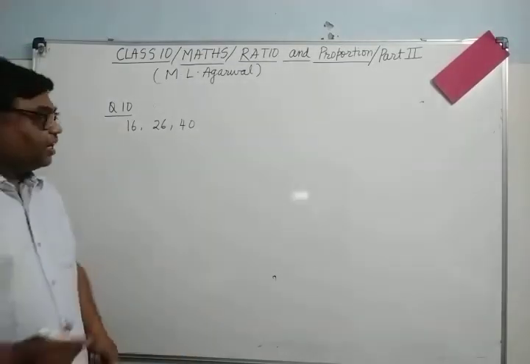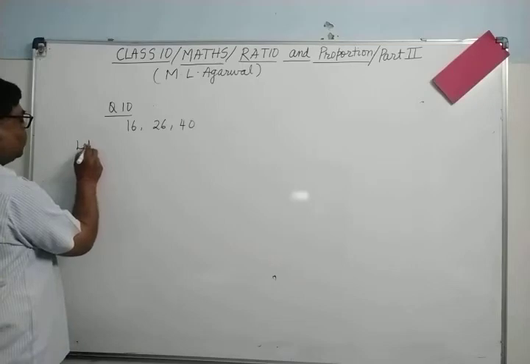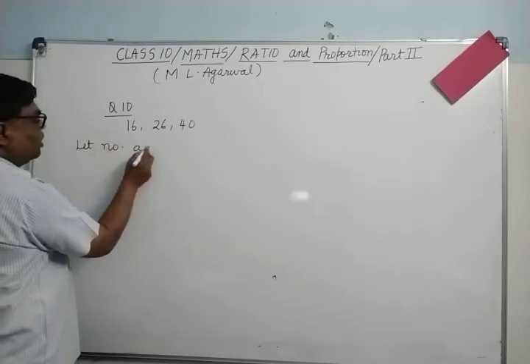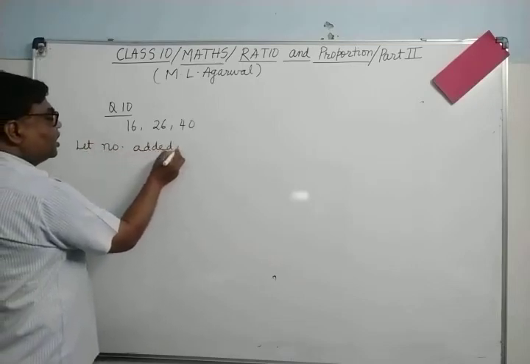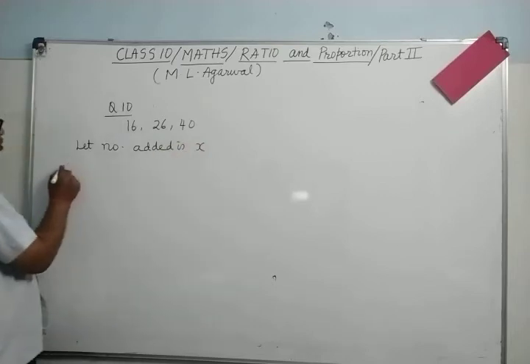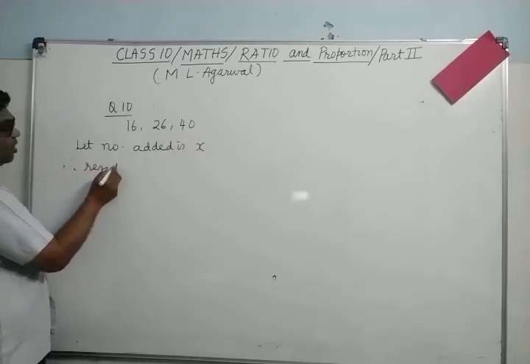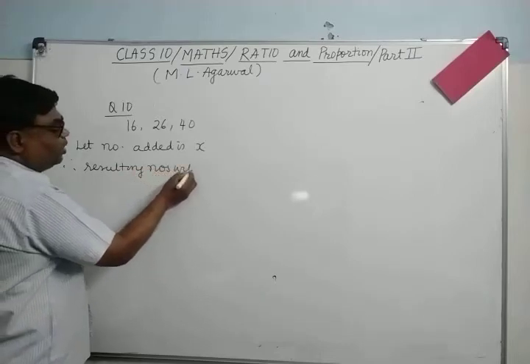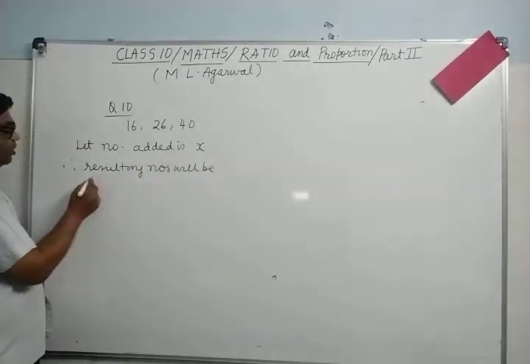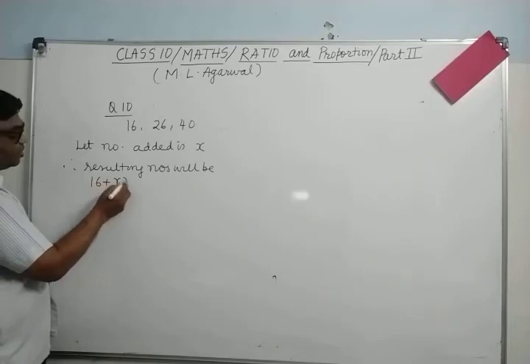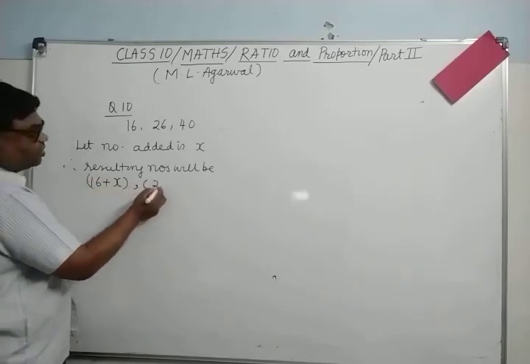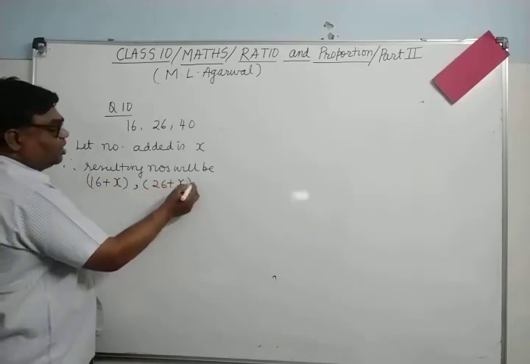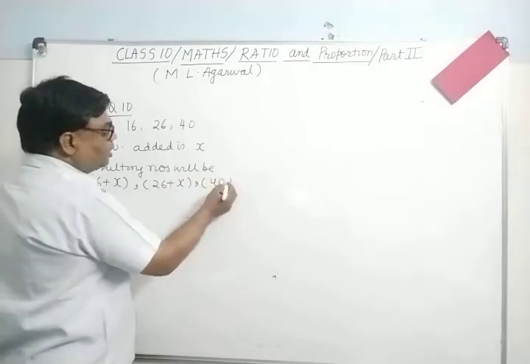So let the number added be x. Therefore, the resulting numbers will be 16 plus x, 26 plus x and 40 plus x.